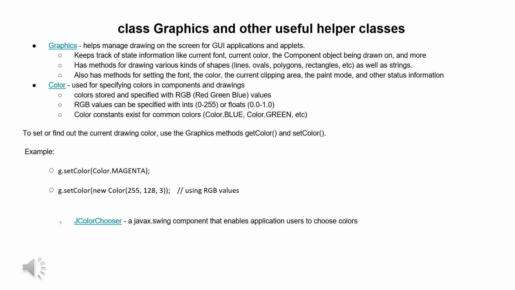So actually you are setting a color for g by using RGB values. You also can use JColorChooser. JColorChooser is a javax.swing component that helps you to choose colors.